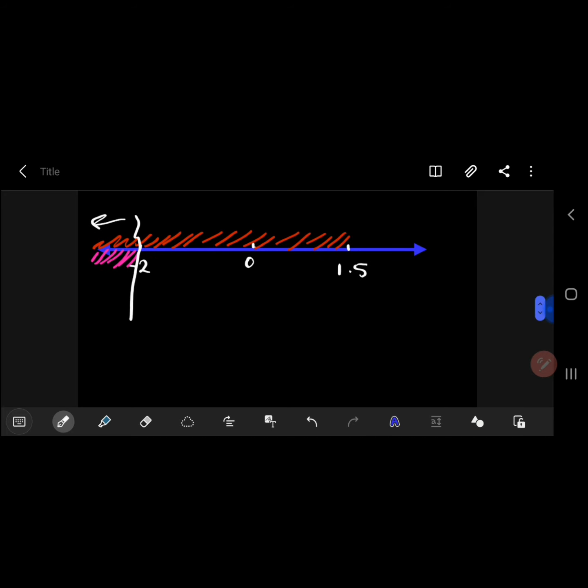So here I will say the solution of these values of x is: for all x smaller than minus 2. So this is the common solution. Why do they call this the common solution?